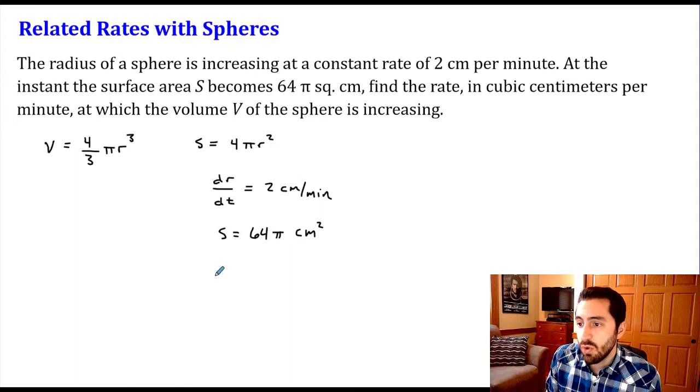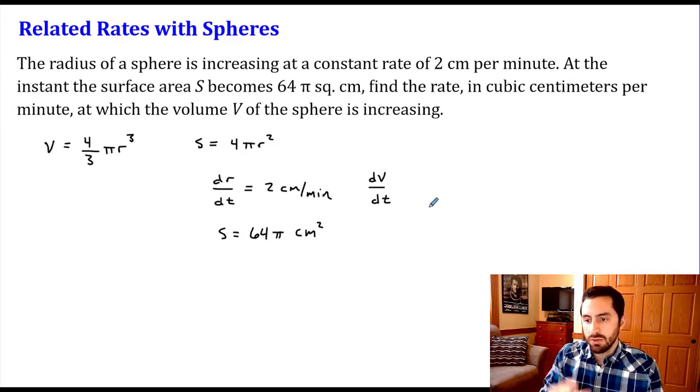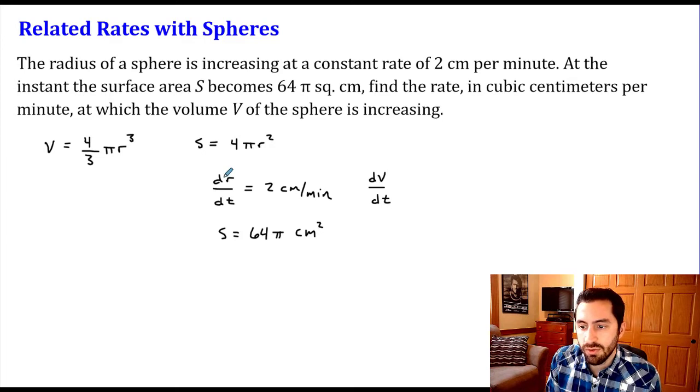And then what we want to find is the rate at which the volume is increasing, so we want to solve for the derivative of the volume with respect to time. So that's all the information we have. We know the derivative of the radius with respect to time, we know a specific surface area we want to end up at, and we want to solve for the rate of change of the volume.